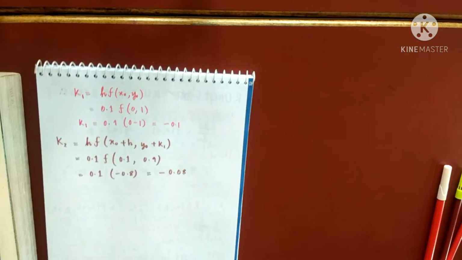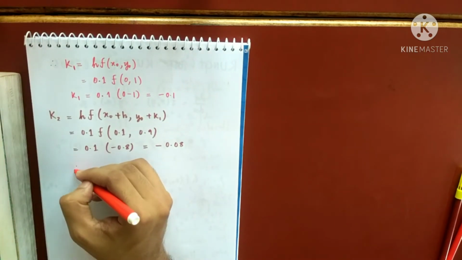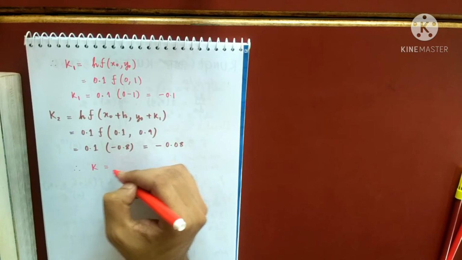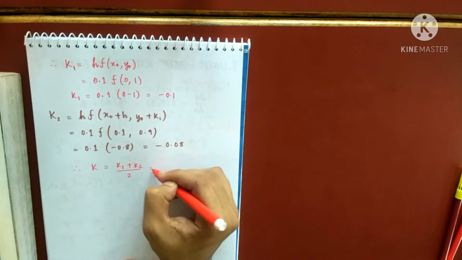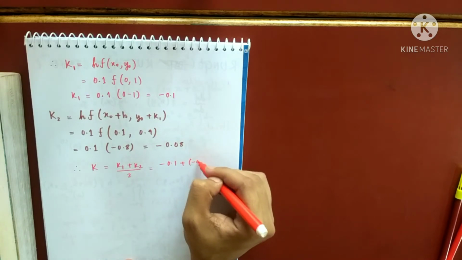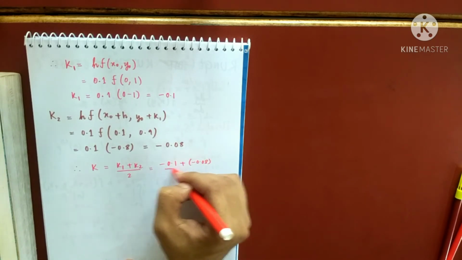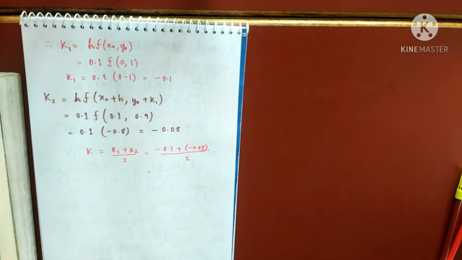So the next step is to find the average of these two, K1 and K2. So K is (K1 plus K2) by 2, where K1 is minus 0.1 and K2 is minus 0.08. What is this average coming as?